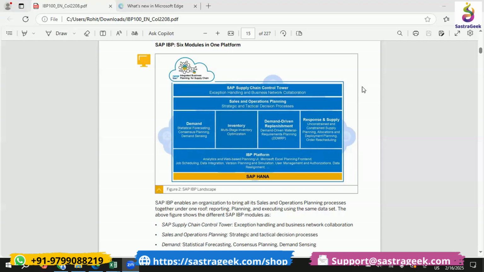Meaning that if I look at my FMCG industry, I would say my strategic plan for my personal care products in a yearly bucket is this much in quantity, versus your financial team would also be calculating their strategic plan for the same categories of products or brand within a year, but in terms of US dollar projection. That is your strategic plan.